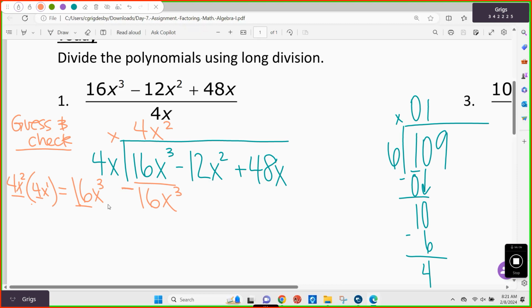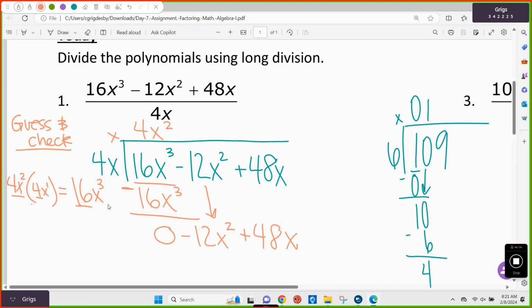So I need to subtract these two terms. 16x cubed minus 16x cubed is 0. And then I would bring down, right? So now the expression is negative 12x squared plus 48x.